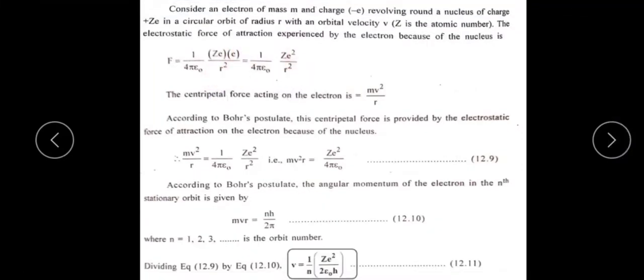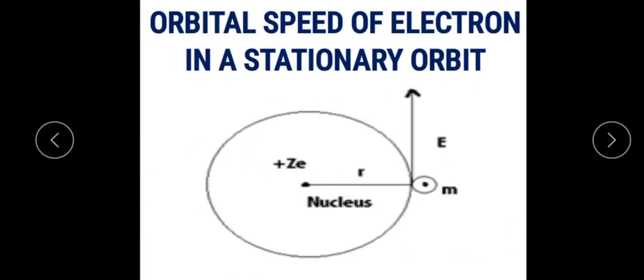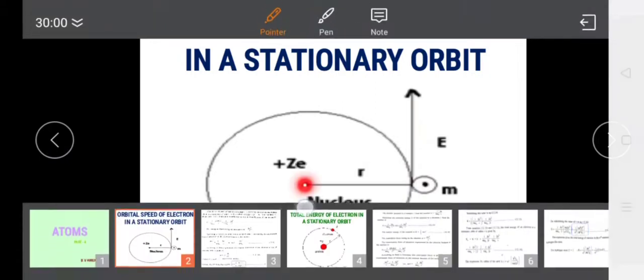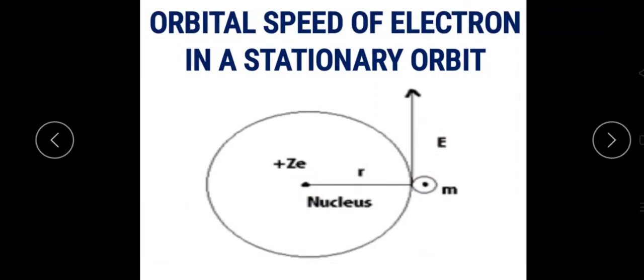This force of attraction between the electron and nucleus provides the centripetal force, which is why the electron is revolving around the nucleus.